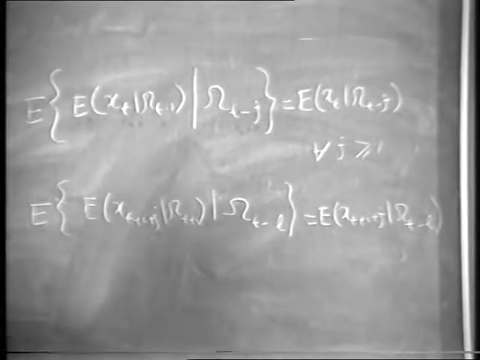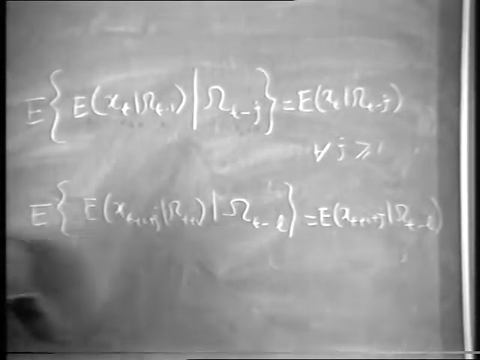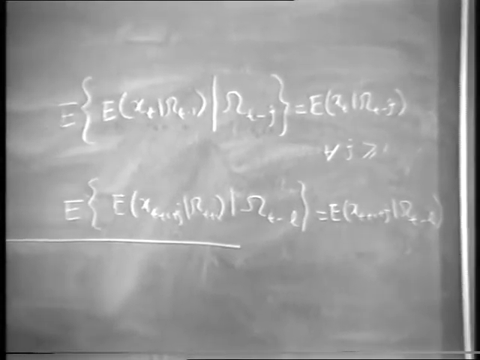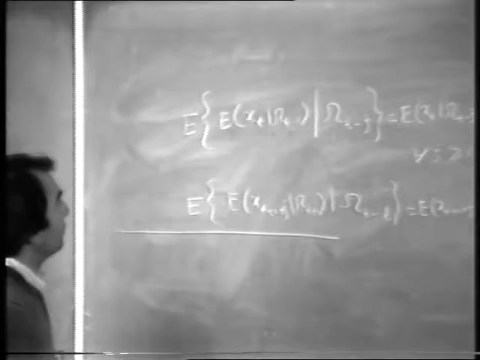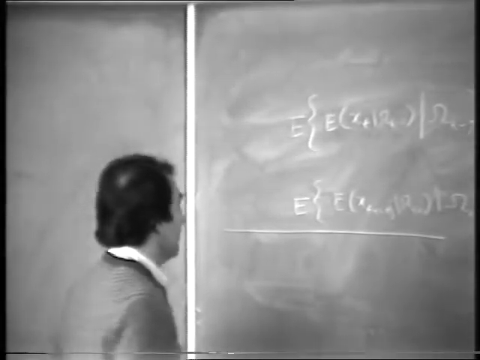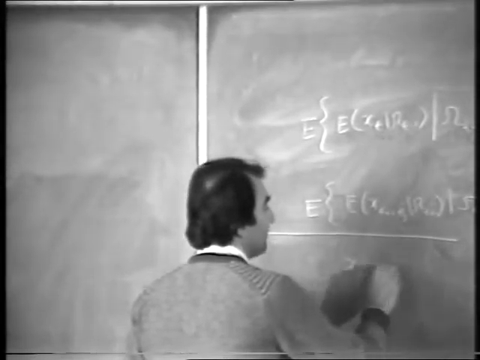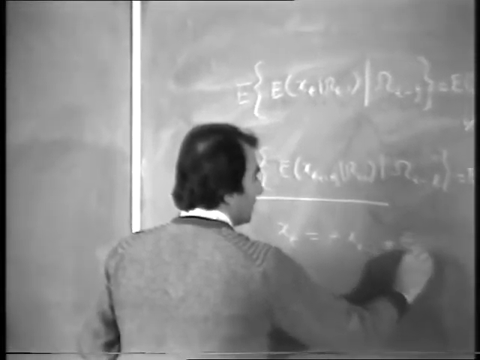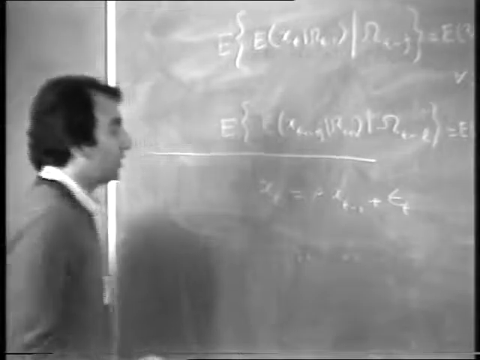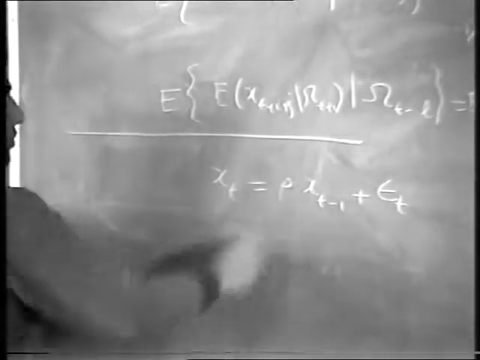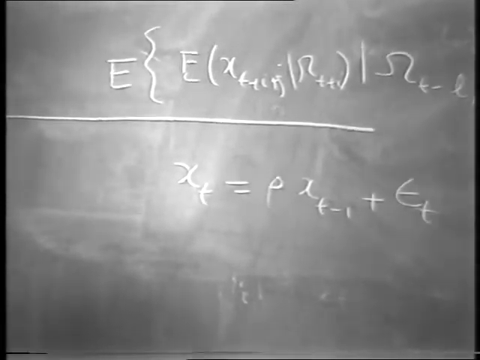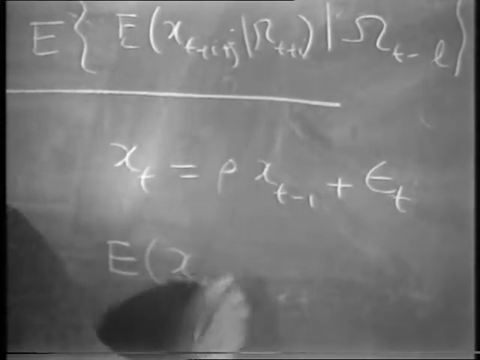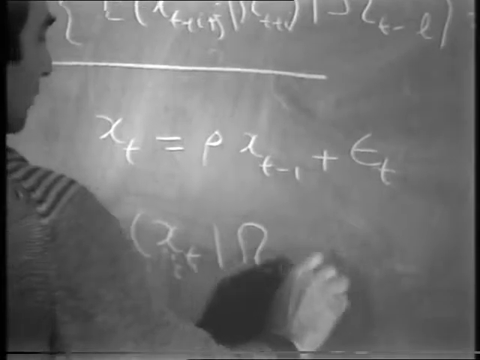Now, let me just give an example to give life to these things. Suppose xt was a first order autoregressive process, where epsilon t's are white noise, and there is some rho which is fixed. Now, what is the expected value of xt given omega t minus 1?